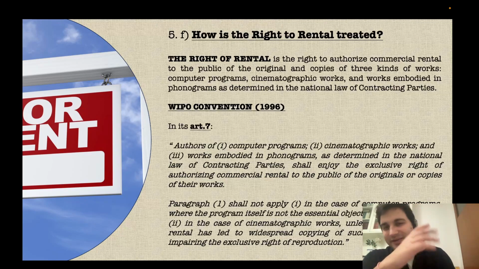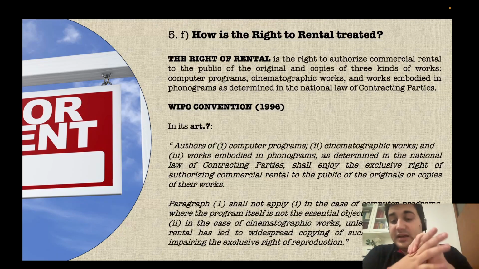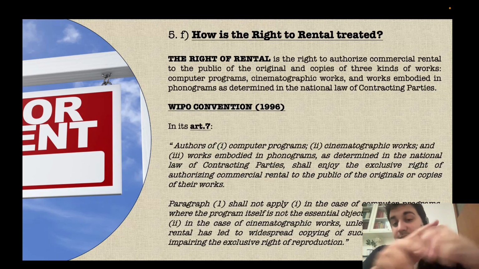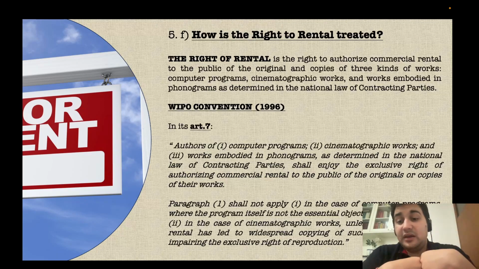This one is basically musical works. This comes from Article 7, which describes how this right applies only to particular authors: those of computer programs, cinematographic works, and works embodied in phonograms.